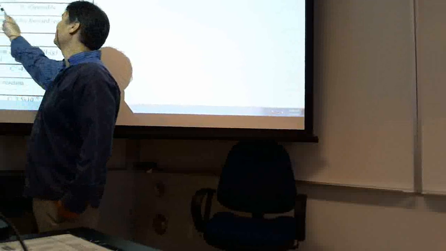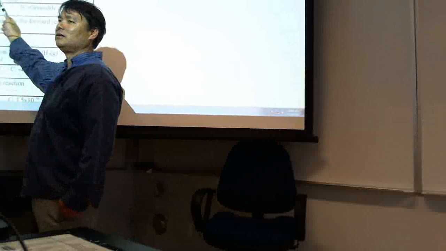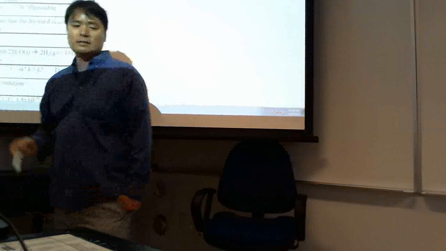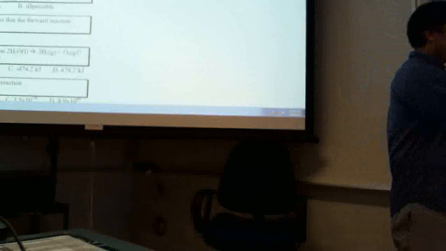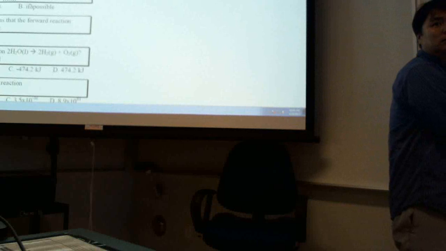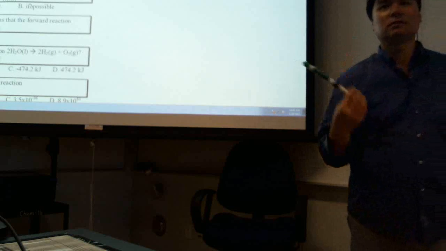But this is delta G. Is it possible to put the delta G value in there? No, that's not possible. In terms of delta H and delta S in this form, it is possible. But we can never get the delta G value. And so that's why it's impossible.